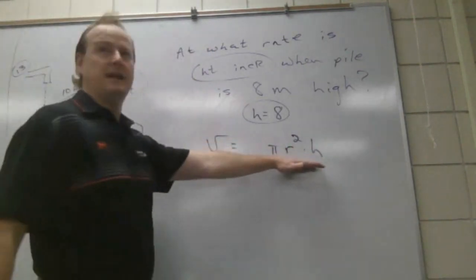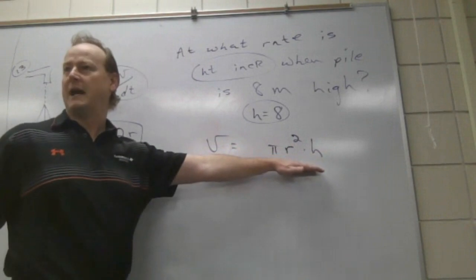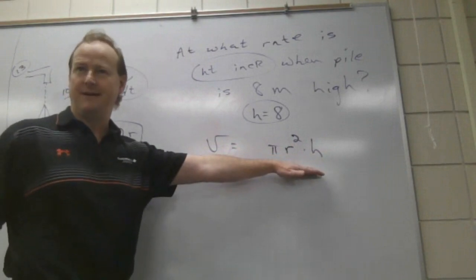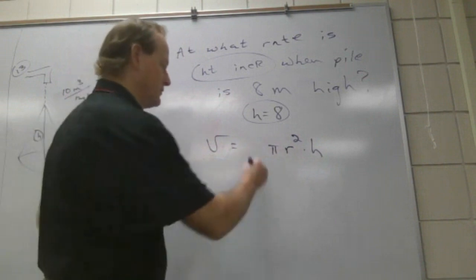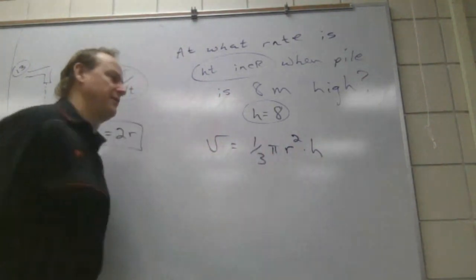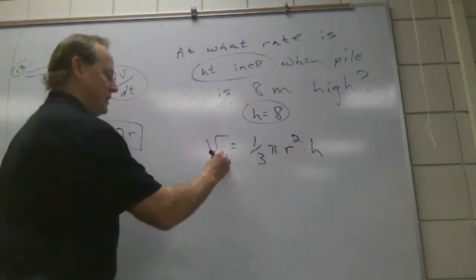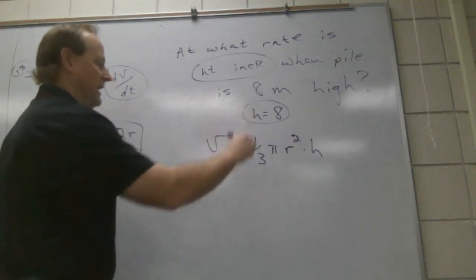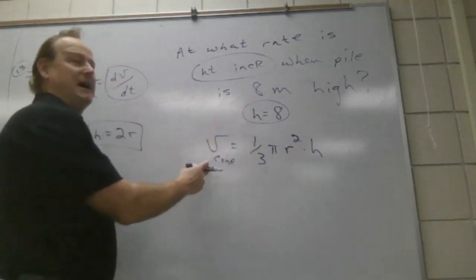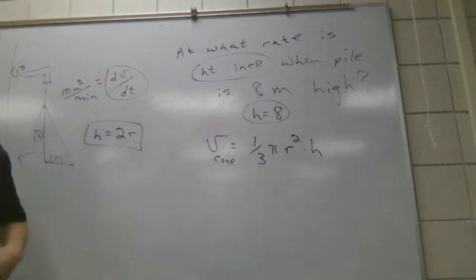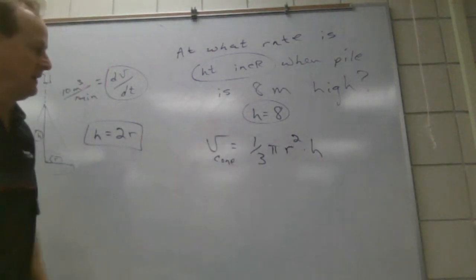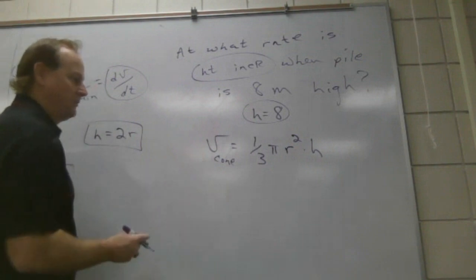So this is if it's a cylinder, but it's a cone. How many cones fit in a cylinder? 3. So it's 1/3 the area of the base times the height, which is the volume of a cone. By the way, I put a leg on my V, otherwise it looked like a U. Anyway, this is volume here, right?